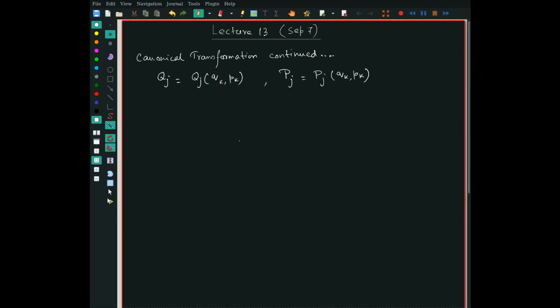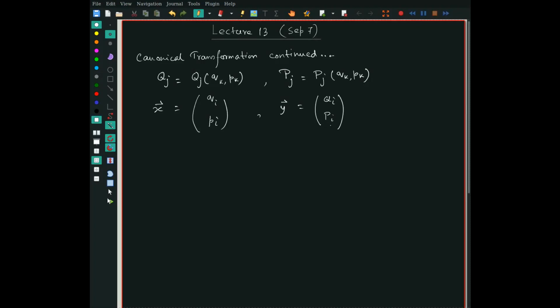Then we defined column vectors x and y. x contained my old coordinates qi, pi, and y contained my new coordinates, capital Qi, capital Pi.